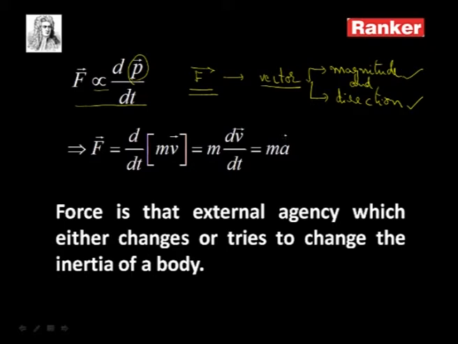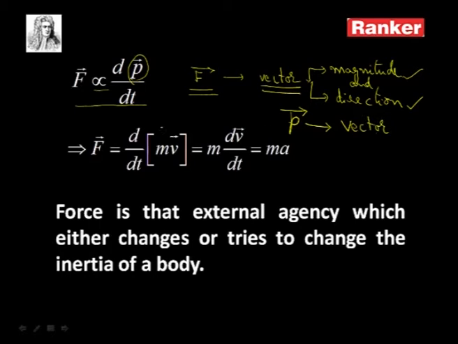Those quantities in physics which have both magnitude and direction, we call vectors. Here, force is a vector quantity. That is why we are using F bar. Similarly, linear momentum we also represent by P bar. Even linear momentum is a vector quantity here.